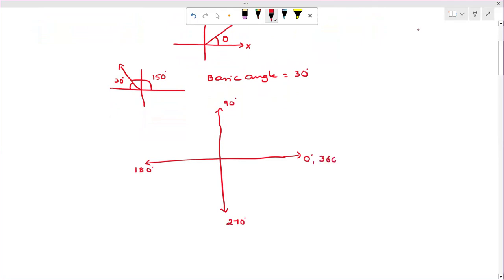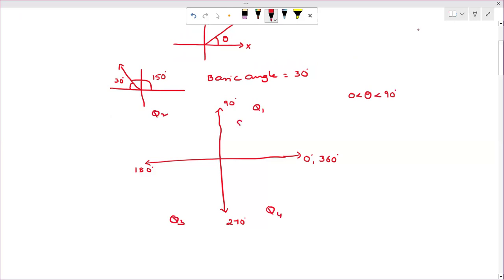Again it comes over here, complete angle 360 degrees. Let us assume theta always lies between 0 to 90. In the first quadrant, it will be 90 below. This is the first quadrant, this is the second quadrant, this is the third quadrant, this is the fourth quadrant.